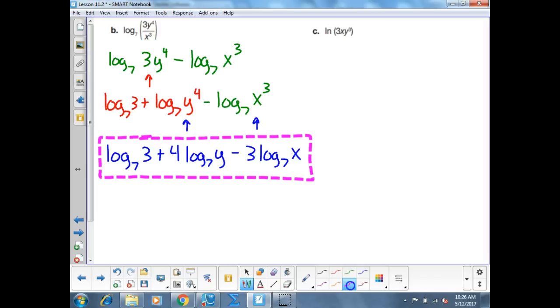Work through me C. Natural log. What you got, Ken? What's going on? Are we multiplying or are we dividing?